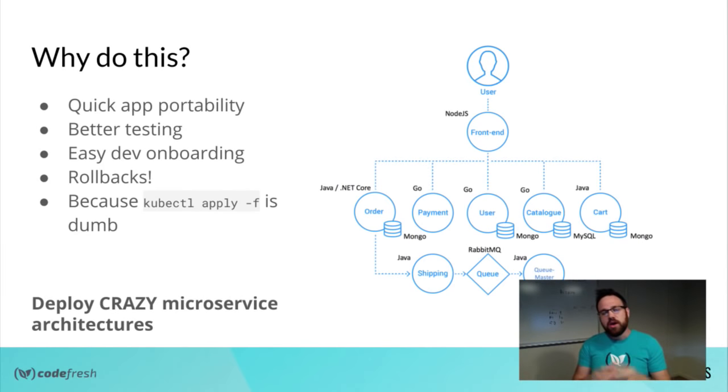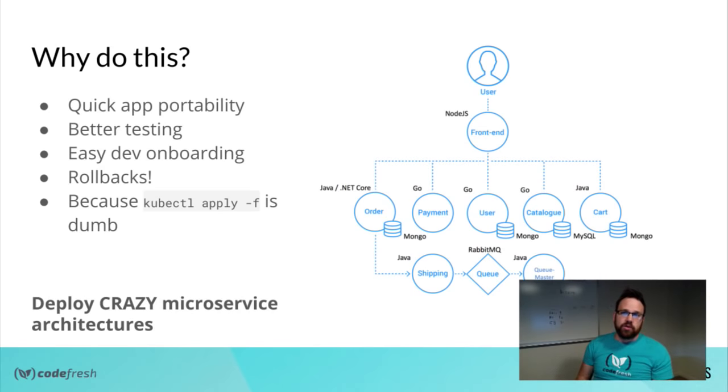So why do you do that? Well, you get better application portability, and you get some help with rollbacks. You can make it easier to onboard new engineers on your team because they can come in and use what's been defined as the application.